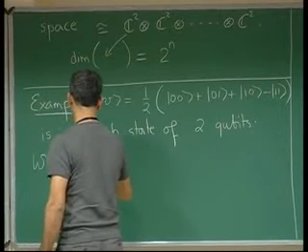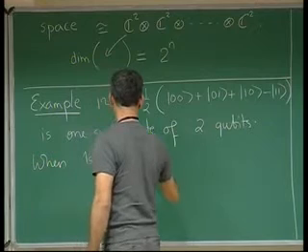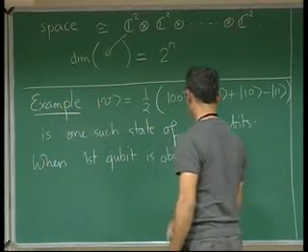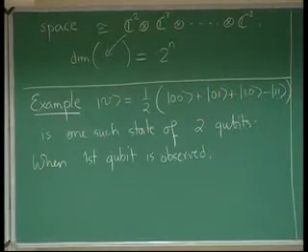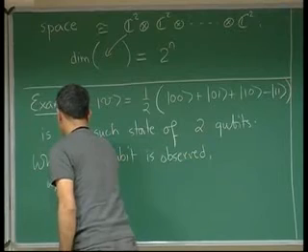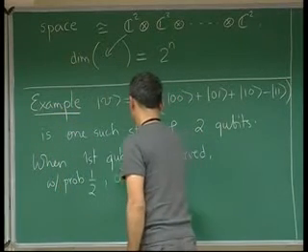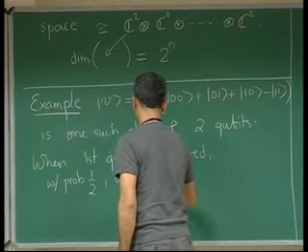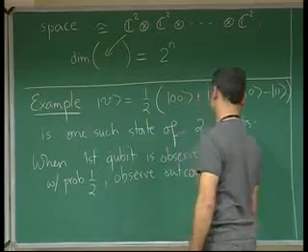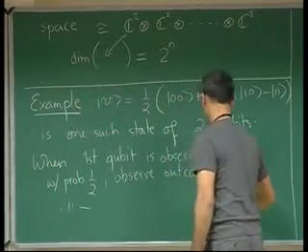So when the first qubit is measured, and you're familiar with this, I'm just going to write it out directly. With probability 1/2, you observe outcome 0. And with the same probability, you observe outcome 1.